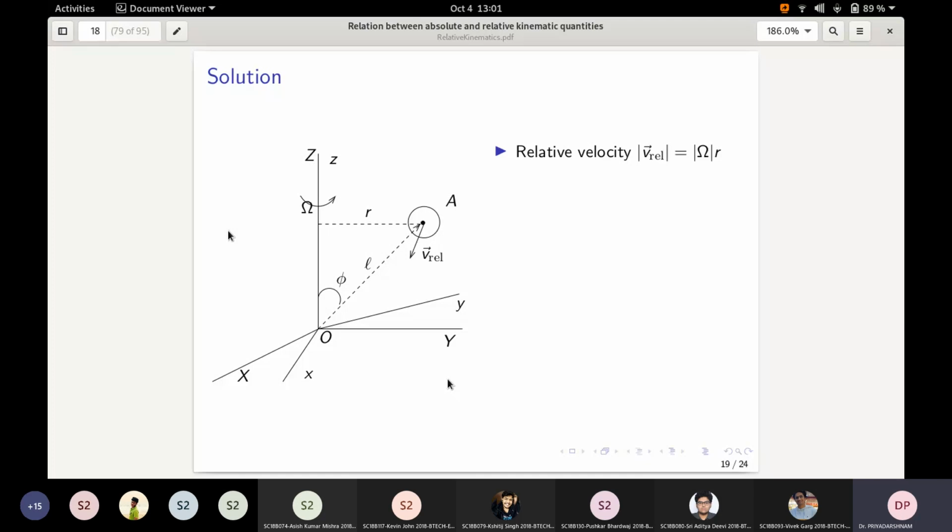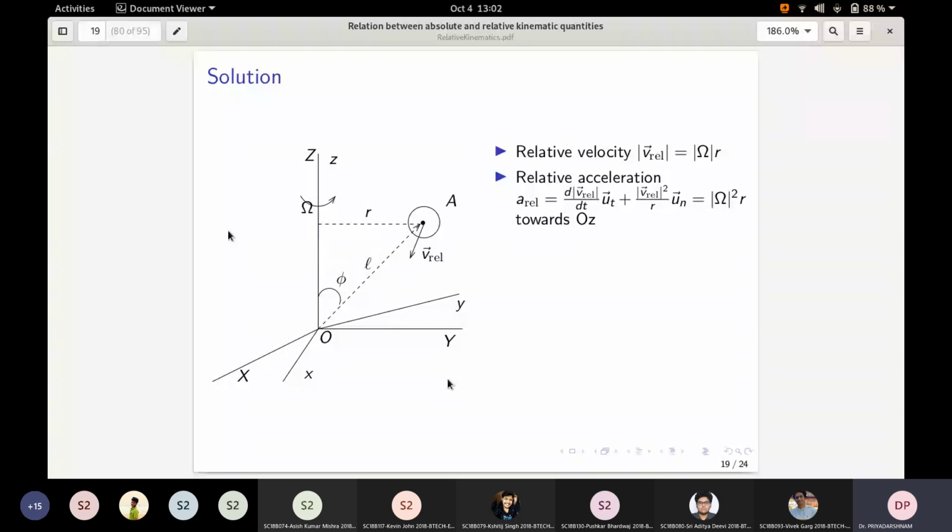How does the particle appear to move if the frame is rotating in the anti-clockwise direction along the z-axis? In the clockwise direction it will move. So it will appear to come towards us. Do you accept that? The particle from the moving frame will appear as if it is coming towards us with the geometry we have shown here.